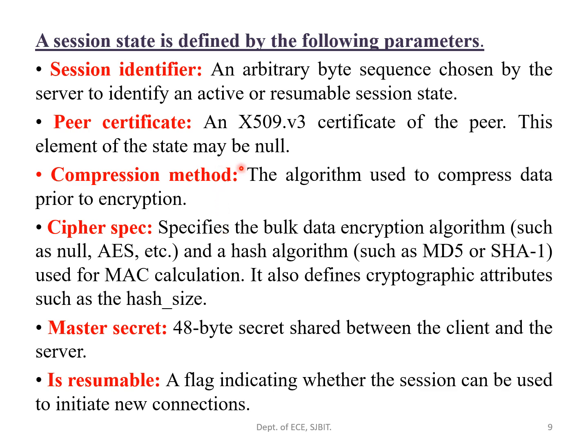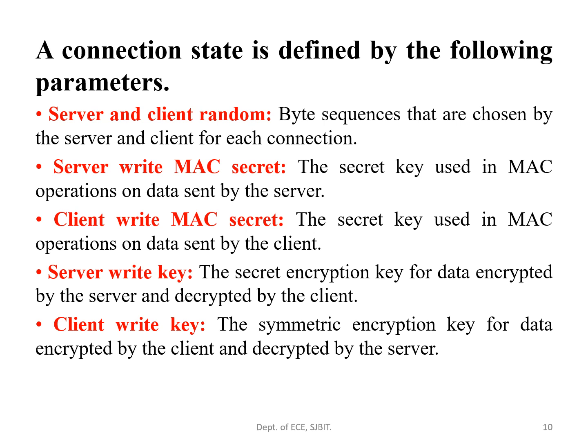These are the parameters we are going to use to define the session state. Considering, a connection state is defined by the following parameters: server and client random, server write MAC secret, client write MAC secret, server write key, and client write key.